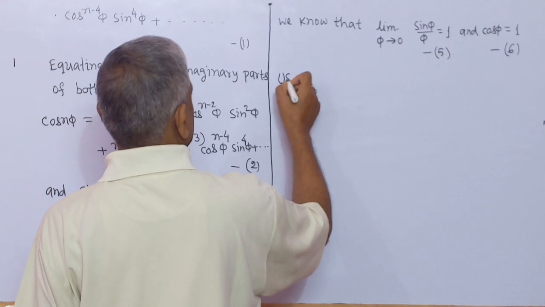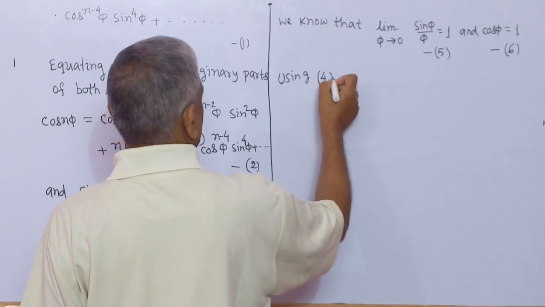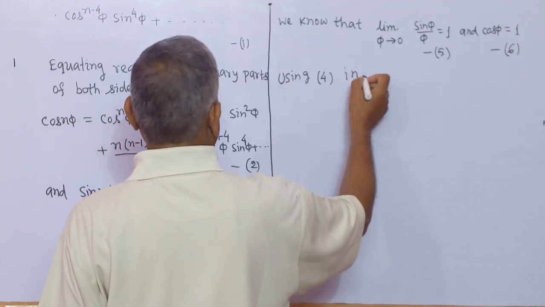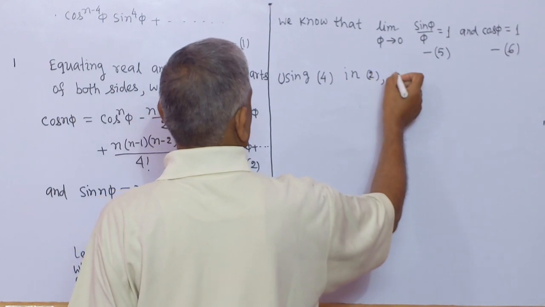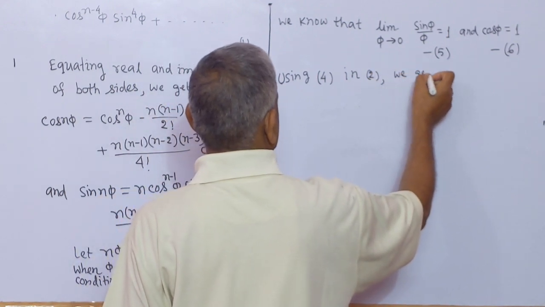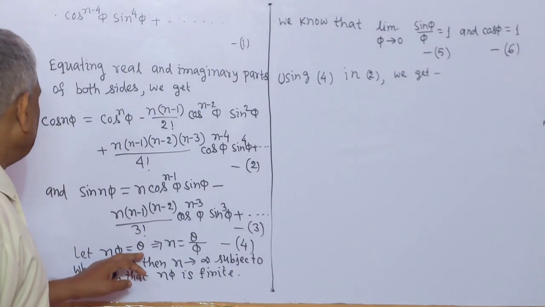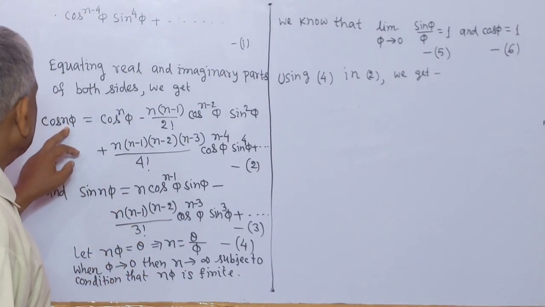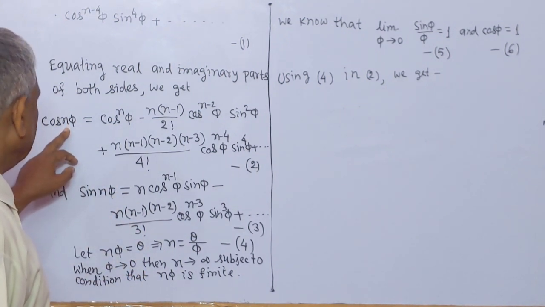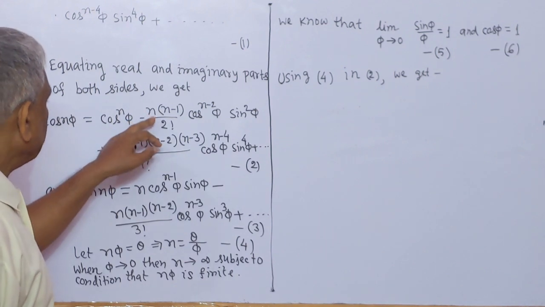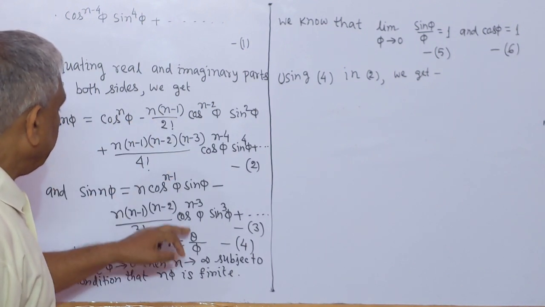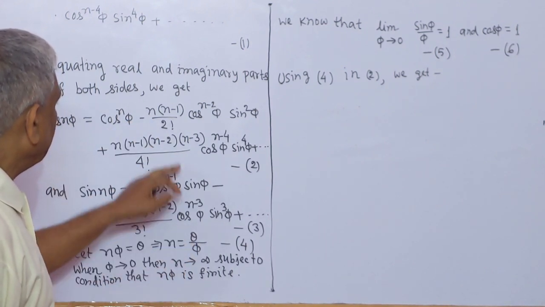Using 4 in 2, we get: here in 4, n phi equals theta, so here we write cos theta, and in place of n we write theta by phi.